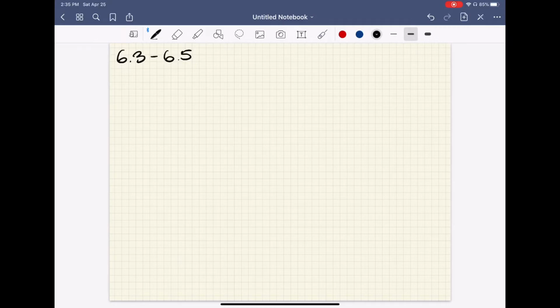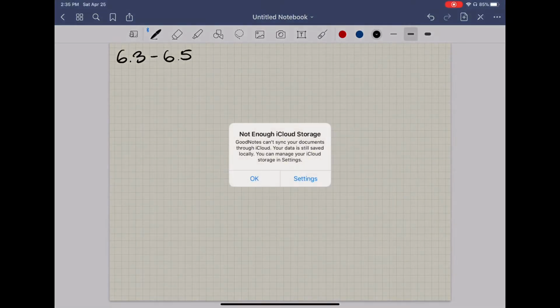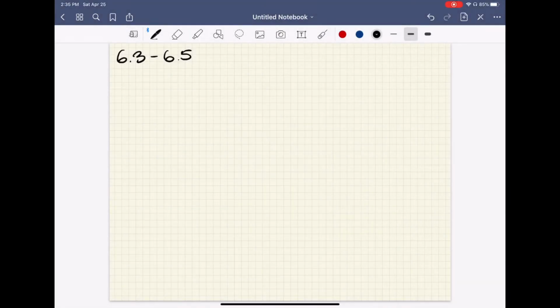So I want to give you an idea what linear inequality is, just to have a basic knowledge of linear inequalities. Okay, so let's get started.